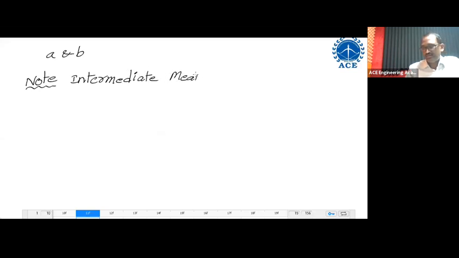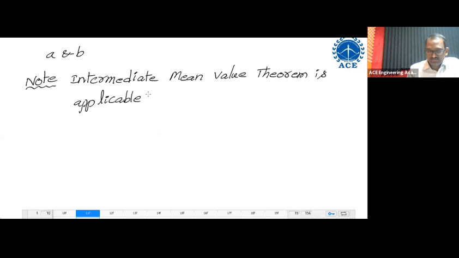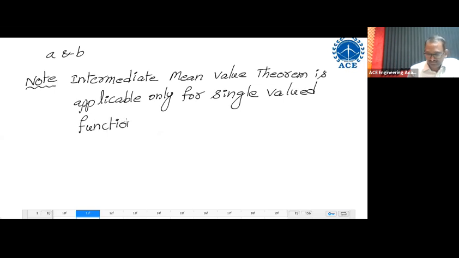Intermediate mean value theorem is applicable only for single valued functions.